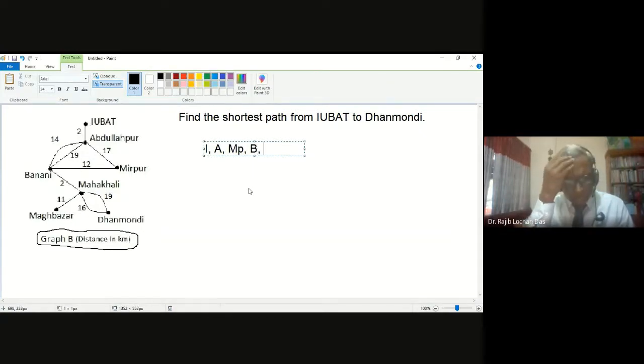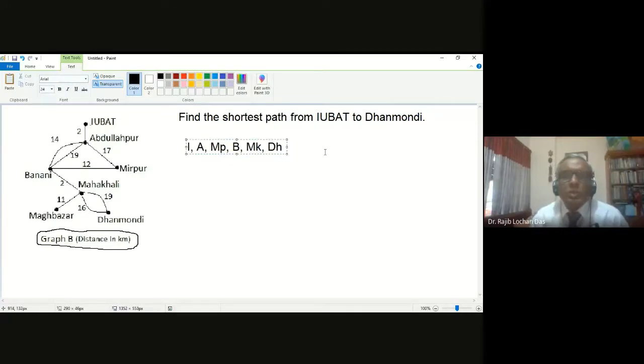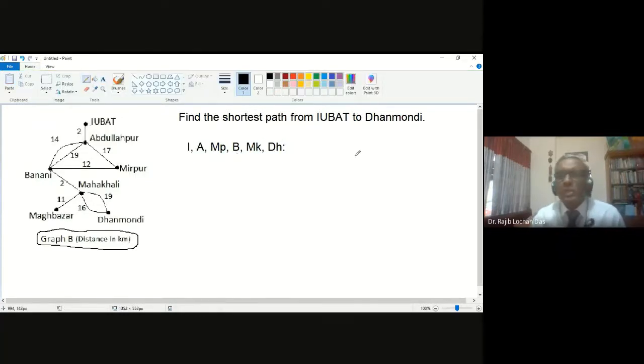Then you will go to Mohakhali, MK, and then Dhanmondi, something like this, right? If you choose this path, one example path, what will be the distance for this path? That is the consideration. So you will do the calculation.